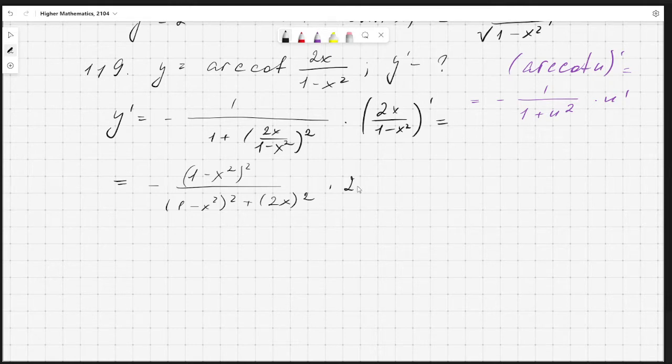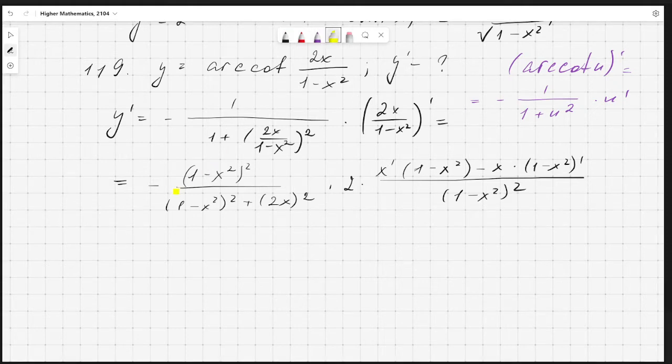Here we have derivative of quotient. It means x prime times 1 minus x squared minus x times 1 minus x squared prime over 1 minus x squared squared.